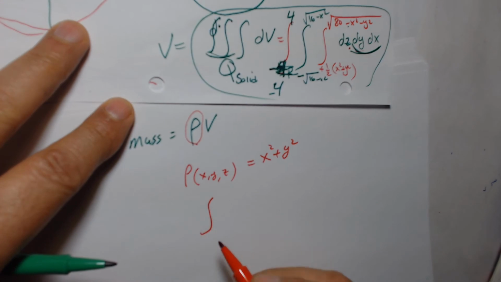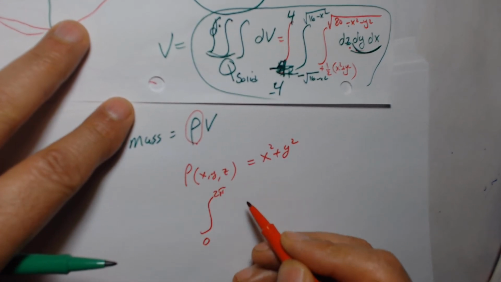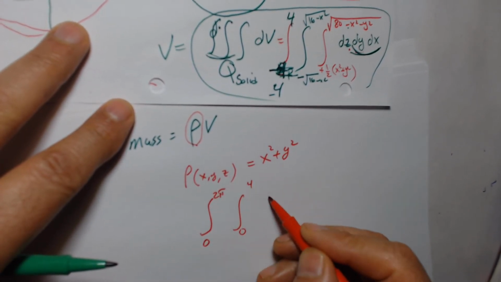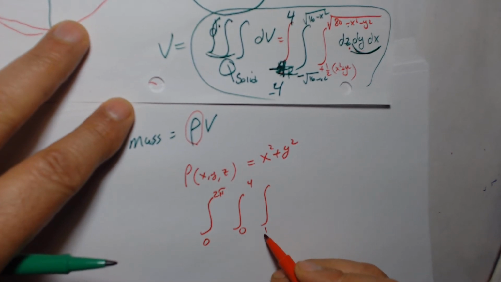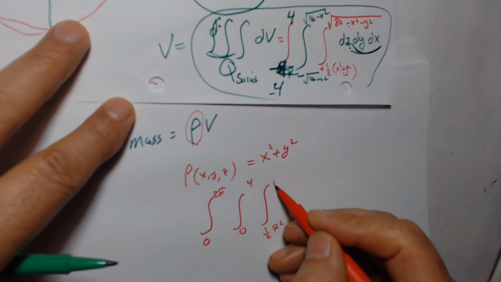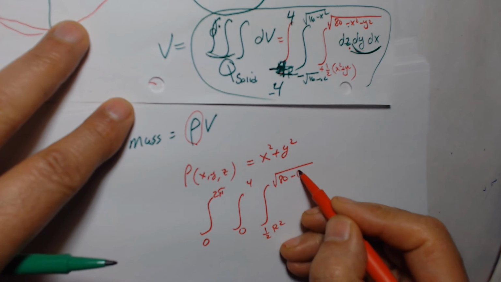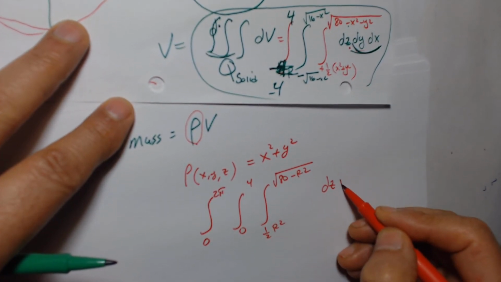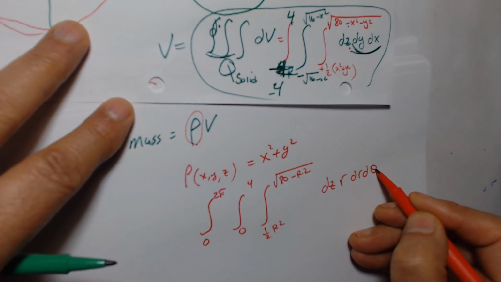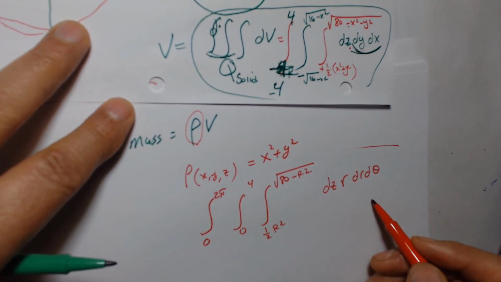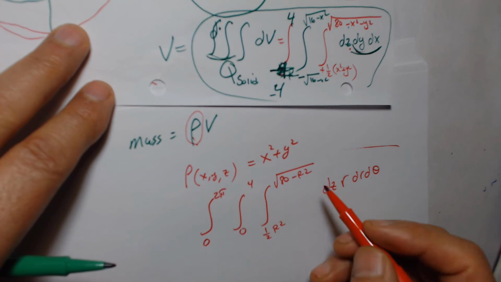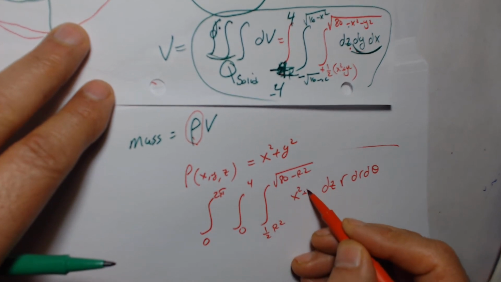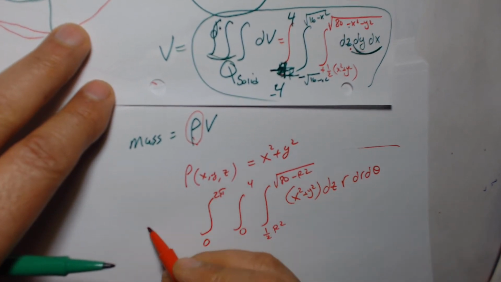Still, you're going to have from 0 to 2 pi, from 0 to 4, from 1/2 r squared to 80 minus r squared. Still you have dz, r dr d theta, but that gives you the volume. But volume times density, which is x squared plus y squared, that gives you the mass.